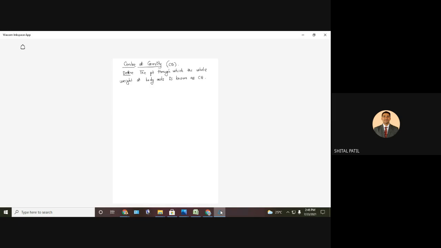Okay, round 1. CG of an arc of a curve. Okay, so consider a curve y equal to f of x.